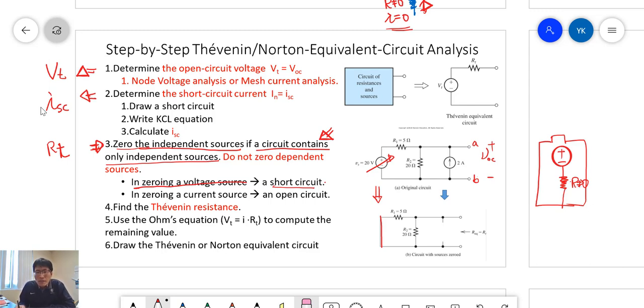Okay, and next, the current source. Current source I already drew before, like a battery. As you know, inside there are circuits, a closed loop, the current source, and this resistance, the resistance goes to infinity.